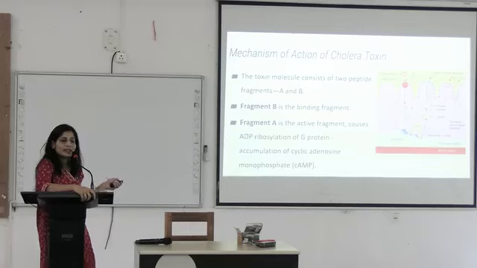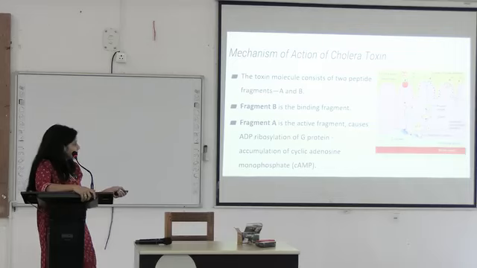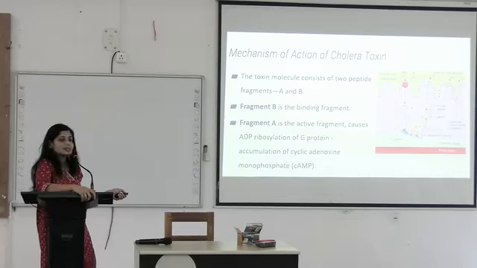So when cyclic AMP is activated, this loses its ability to auto-regulate it. Because of the active cholera toxin, it ribosylates this G protein.